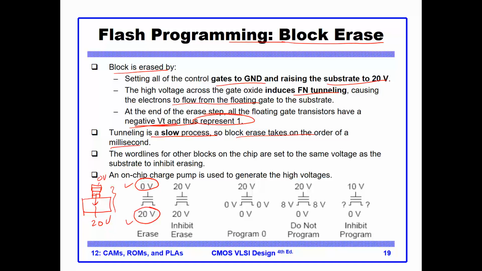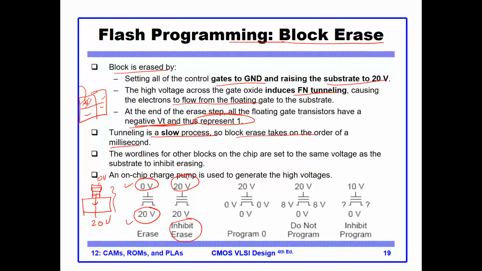For other blocks, when you do erase, let's say this is your chip, and you are applying erase on this block. What happens to the other blocks? You don't want to erase them. You apply 20 volts on the gates of the transistors of other blocks, so that you inhibit erase.